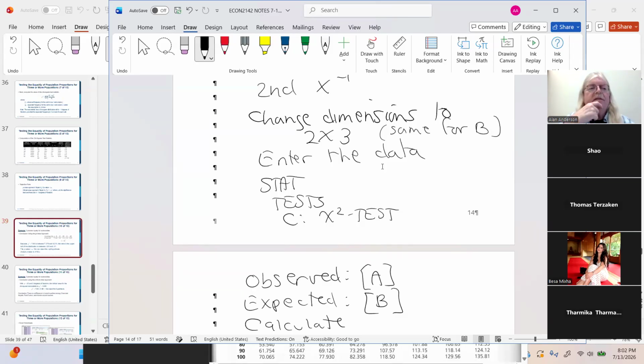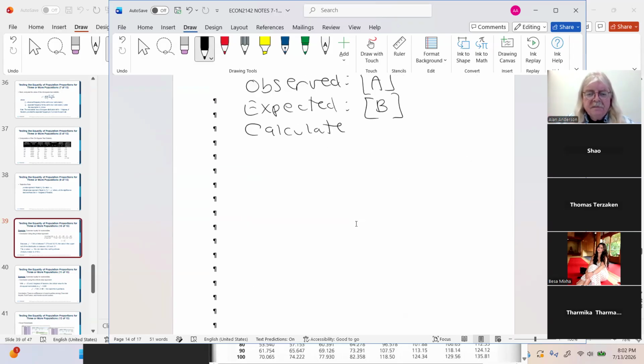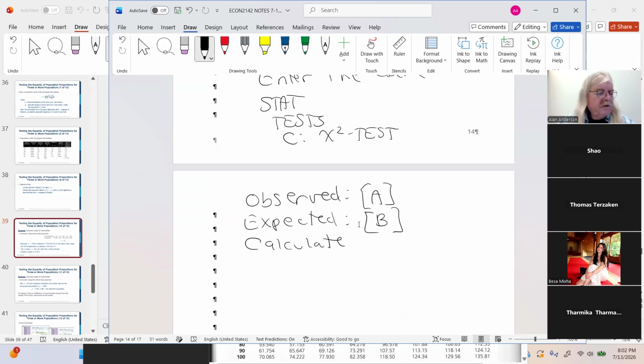Maybe it's just my calculator. It's refusing to let me do it. It's very strange.